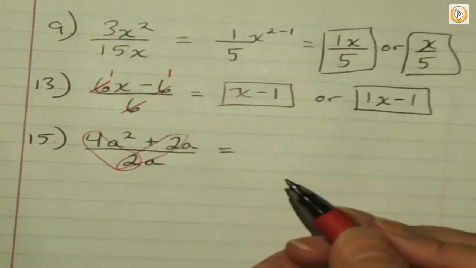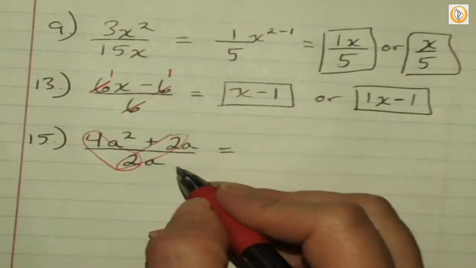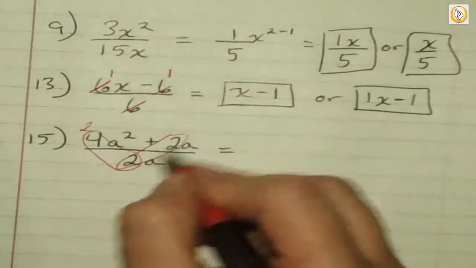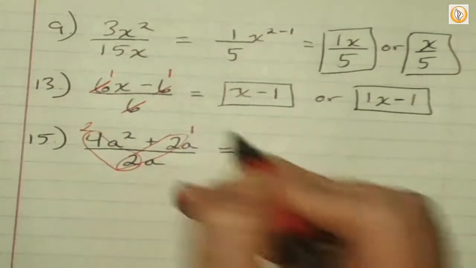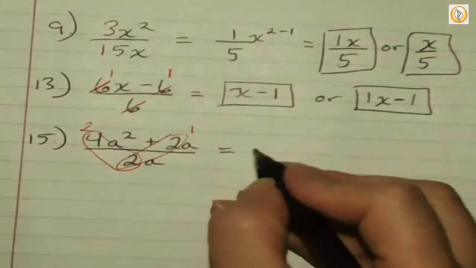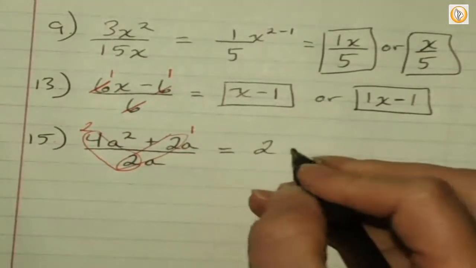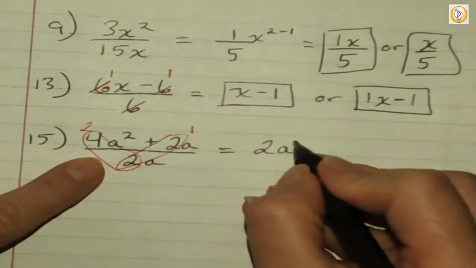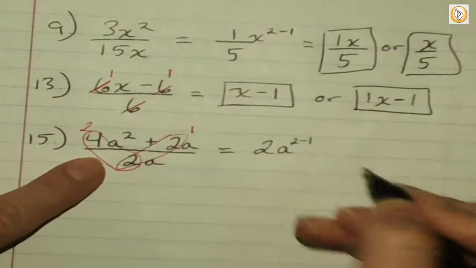And so you will get 2a plus. This is 2, and this would be 2 divided by 2 is 1, right? Yes. Okay, don't say cancel out yet. So I have 2. This would be a, 2 minus 1, right? Right.